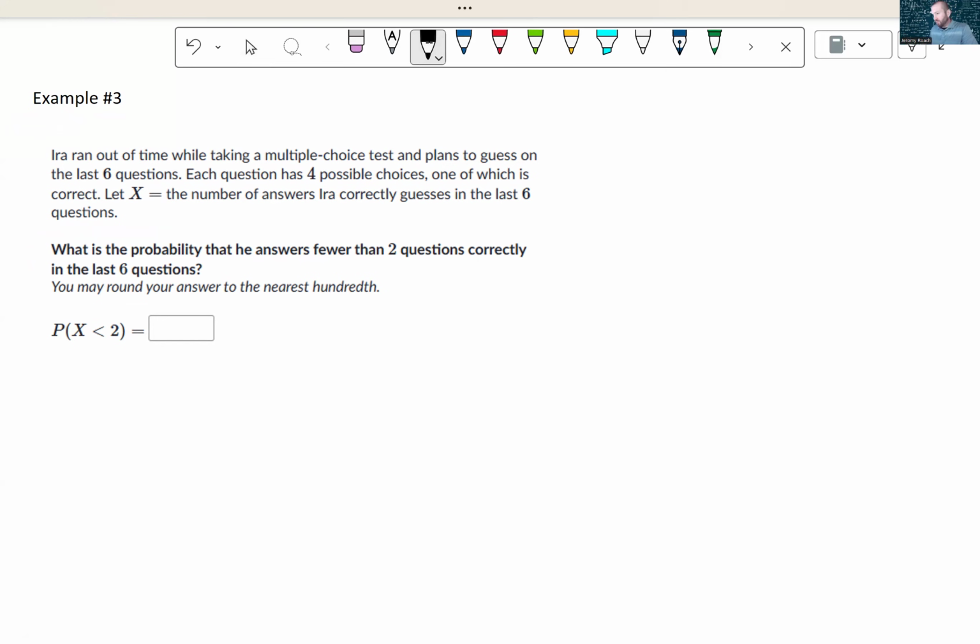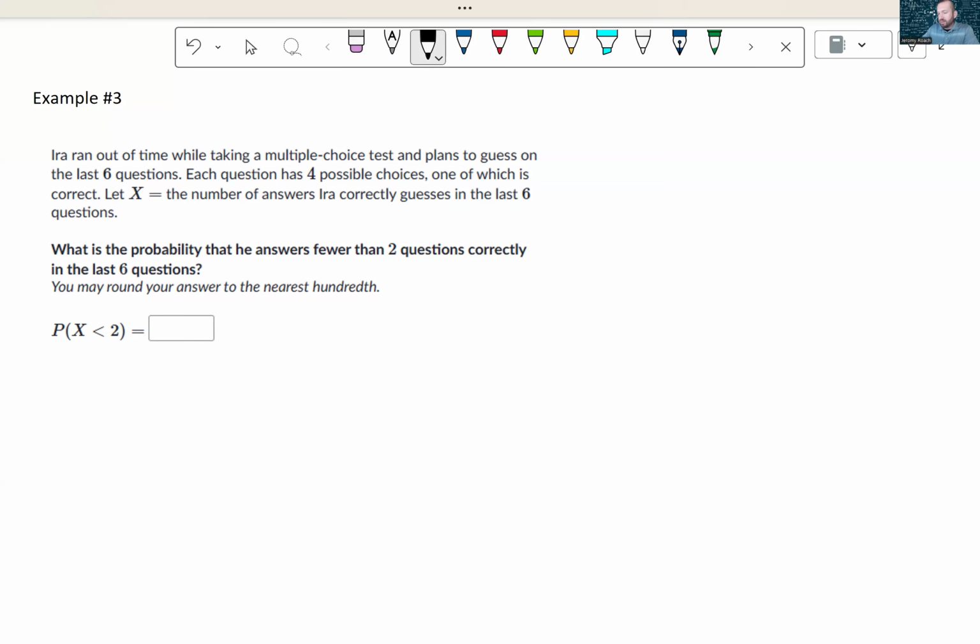Each question has 4 possible choices, one of which is correct. Let x equal the number of answers that Ira correctly guesses in the last 6 questions. What's the probability that he answers fewer than 2 questions correctly in the last 6 questions?